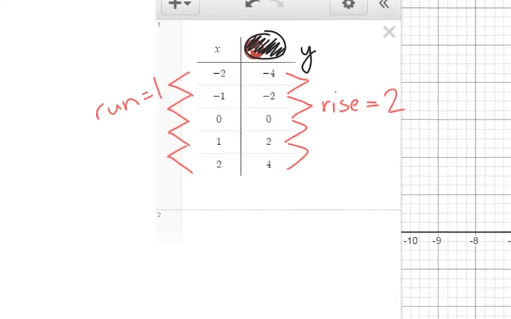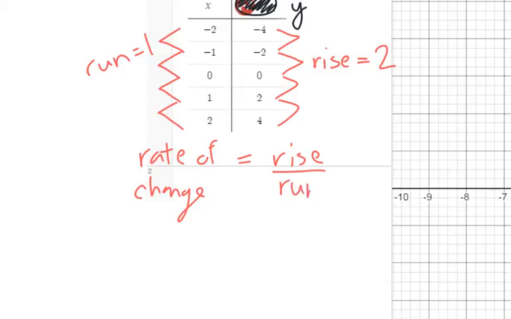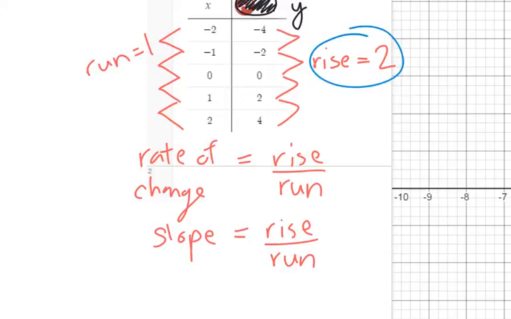If you recall, rate of change is equal to rise over run. However, in our first slide, we already established that rate of change is the same thing as slope. So instead of saying rate of change, we can just say slope is equal to rise over run. We know what rise is and we know what run is.